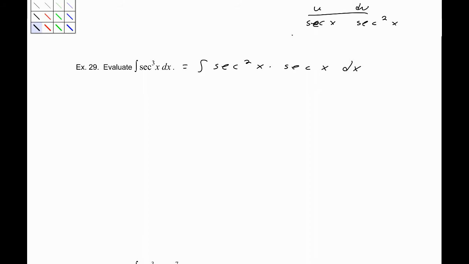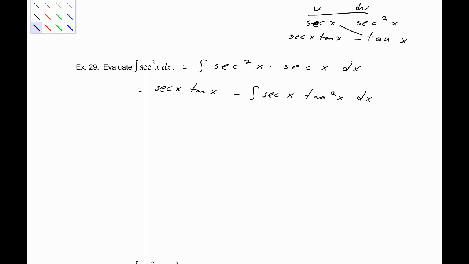So du will be secant x tangent x, and the integral of secant squared is tangent x. So we are going to get secant x tangent x minus the integral of secant x tangent squared x.